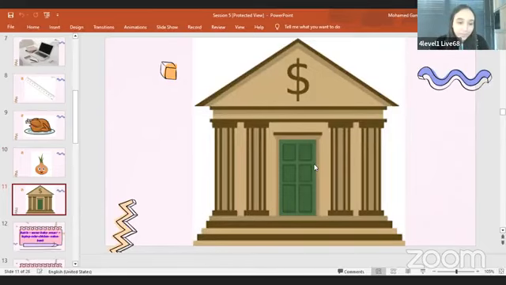What is this? What can you see in the picture? Is this a school? Is it a school? What is it?